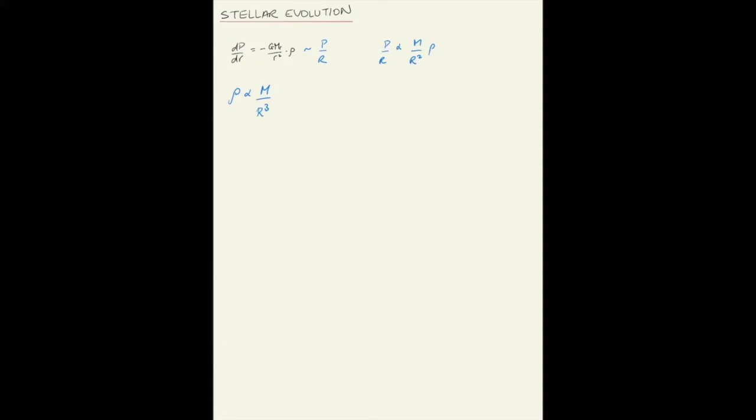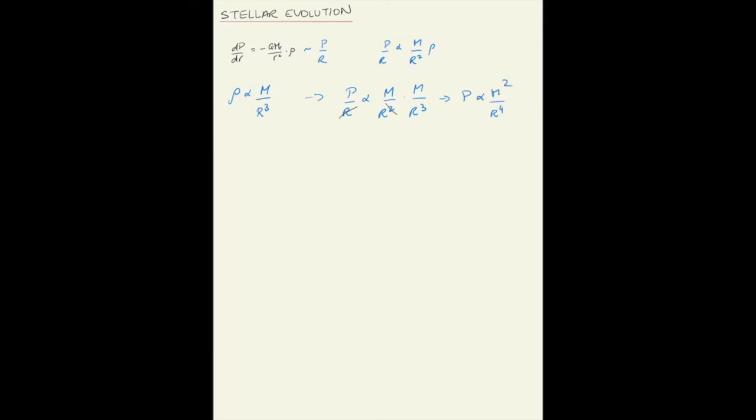Now, if you substitute this density into this equation for the pressure, then you have pressure over radius proportional to mass over radius squared times M over R cubed. So cancelling with the square, we find that the pressure must be proportional to the square of the mass and the fourth power of the radius.